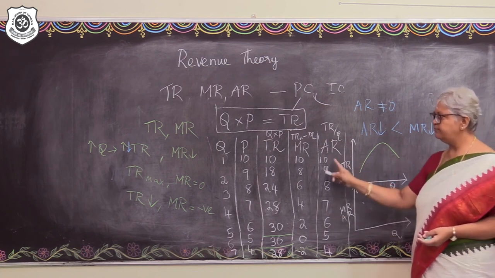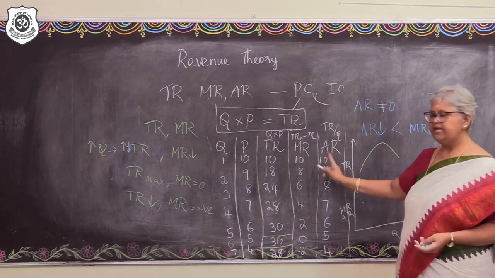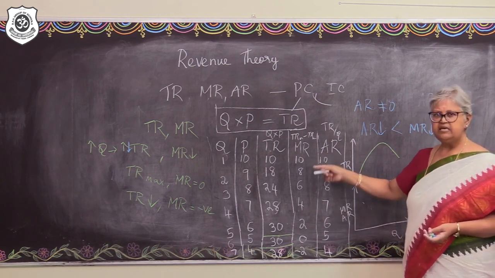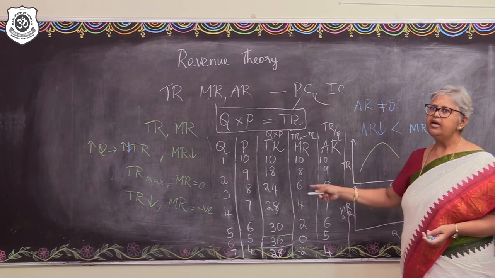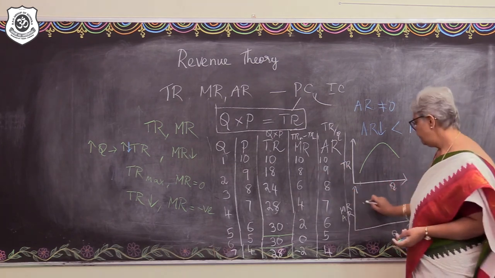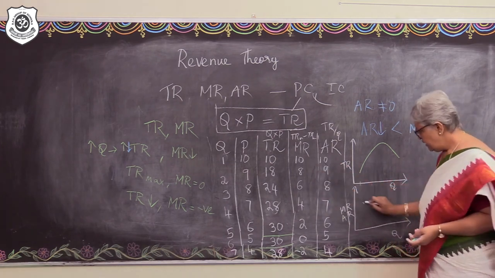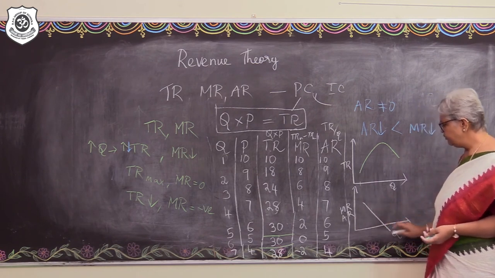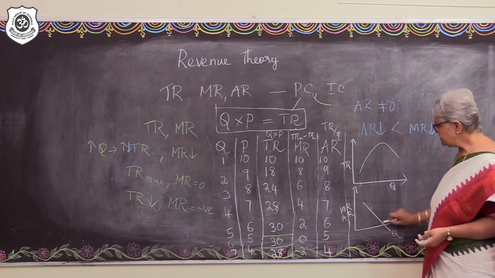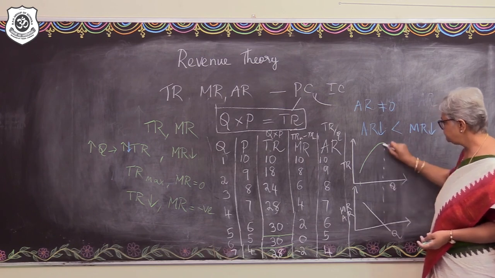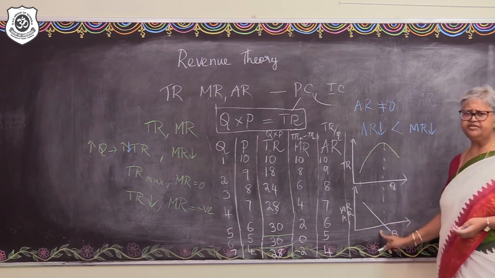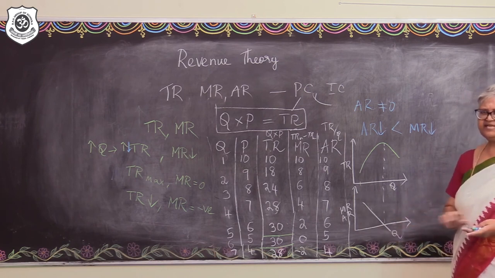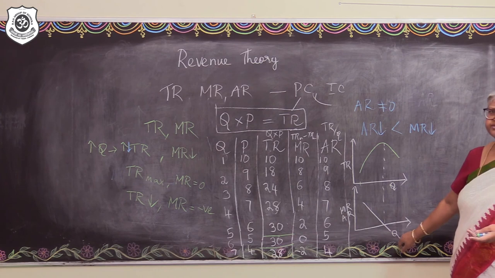And what about the behavior of MR and AR? We just saw that MR falls twice as fast as your AR. So if you plot the marginal revenue, you would understand that the marginal revenue is there in the positive as well as in the negative quadrant.